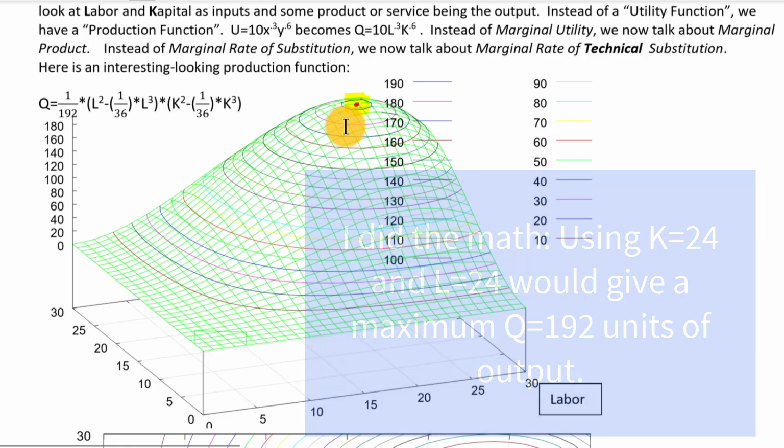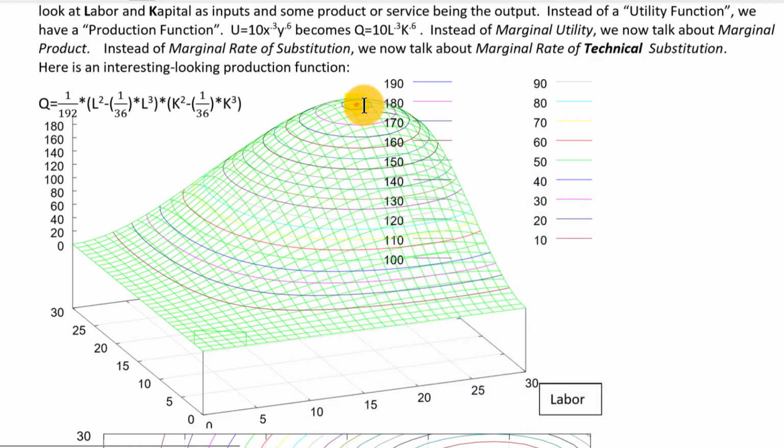But for some reason, beyond that point, if we keep adding more machines and more workers, our output actually starts to go down along the back side of this hill here. So this gives us some interesting things that we can look at down below when we look at the shape of these isoquants. Again, this isn't going to be the normal thing when we're looking at a Cobb-Douglas, but it certainly could be something that you run into in reality.